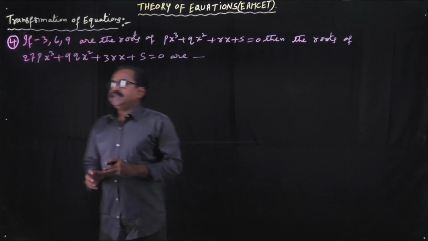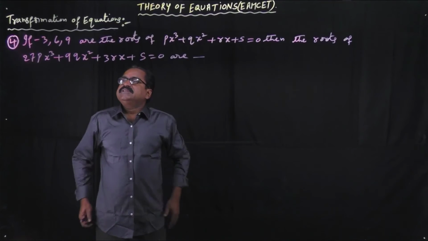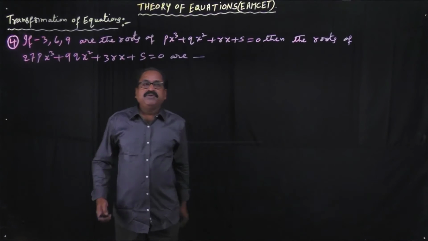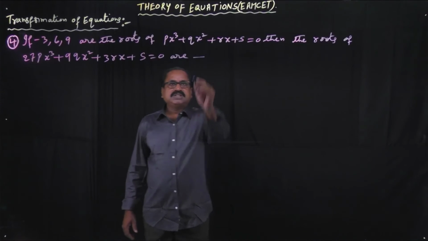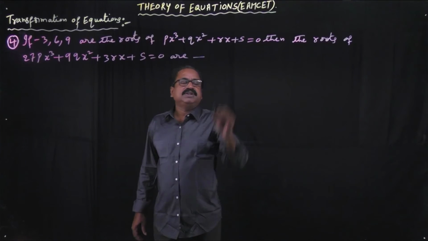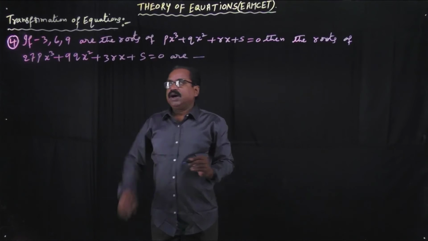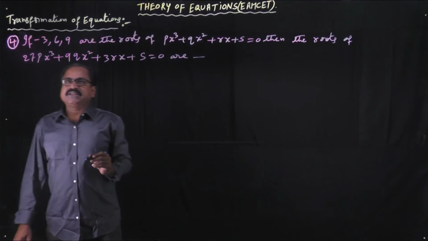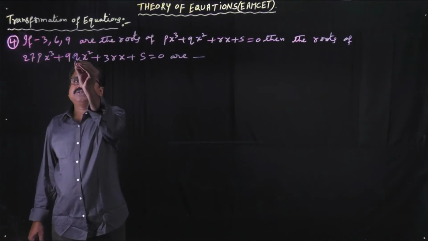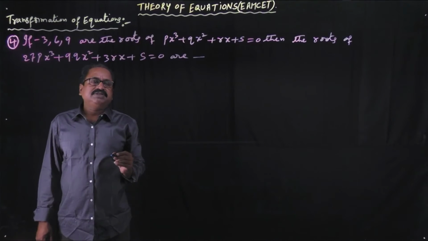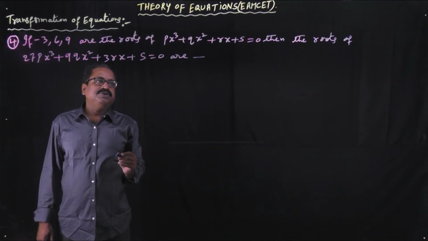So the fourth one is: if minus 3, 6, 9 are the roots of px cube plus qx square plus rx plus s is equal to 0, then find the roots of 27px cube plus 9qx square plus 3rx plus s is equal to 0.